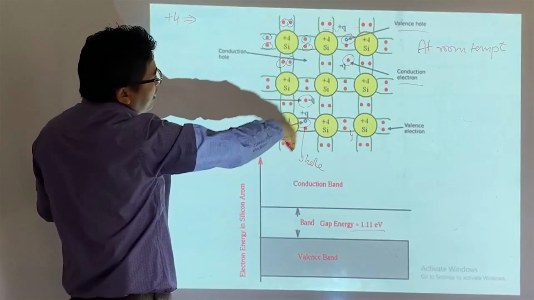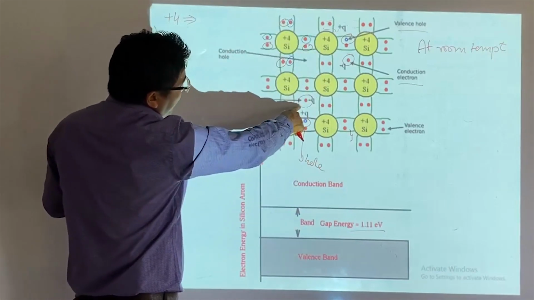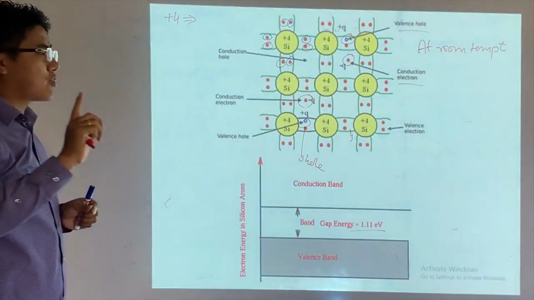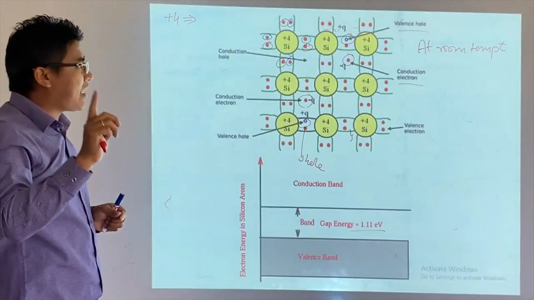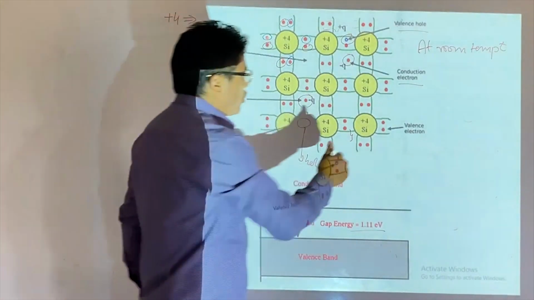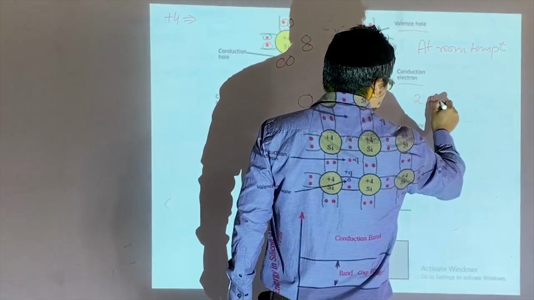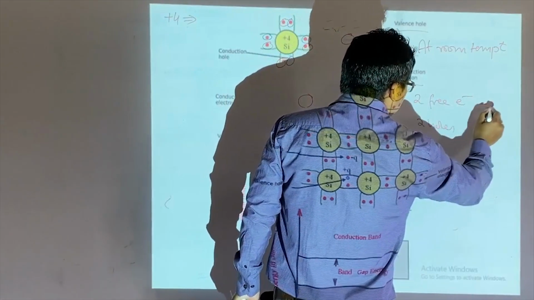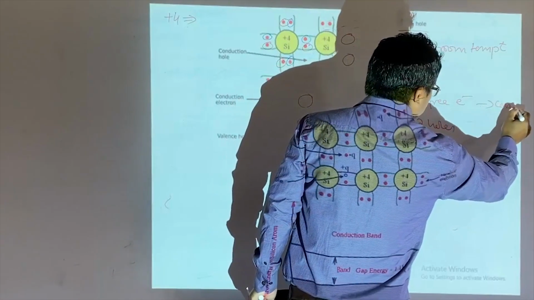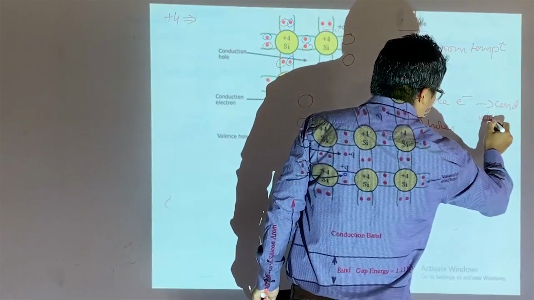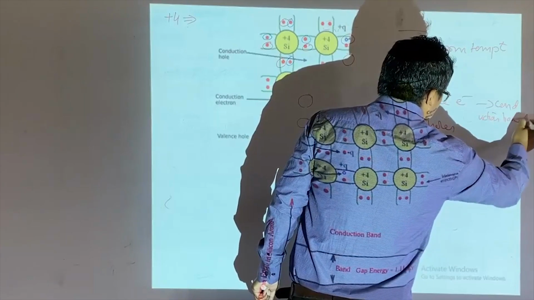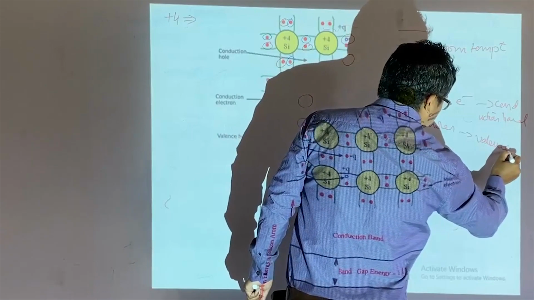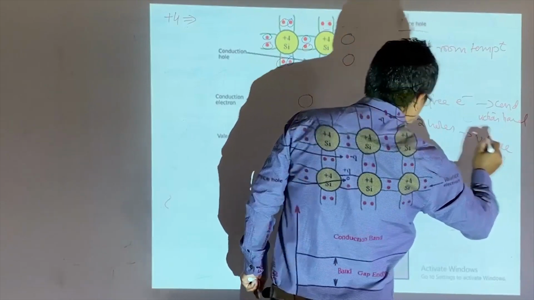In this case, how many electrons jump? 1 electron, 2 electrons. 2 free electrons are created in the conduction band and 2 holes are created in the valence band. That you should keep in mind.